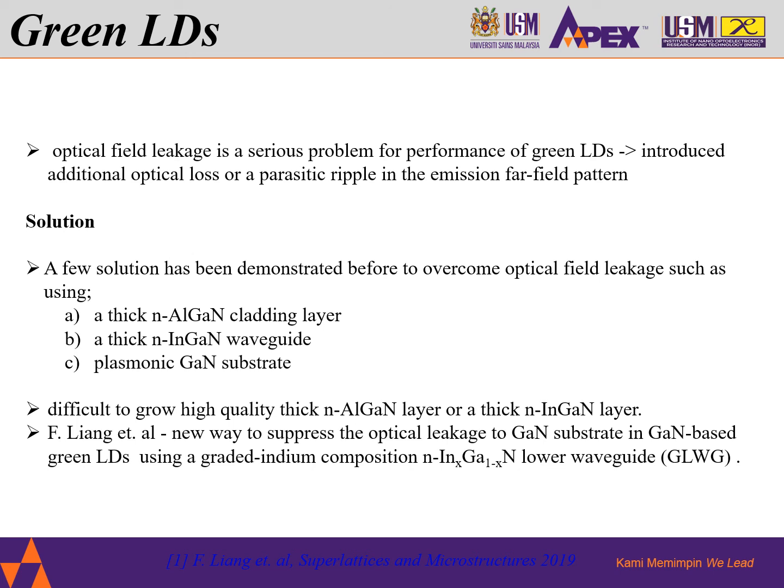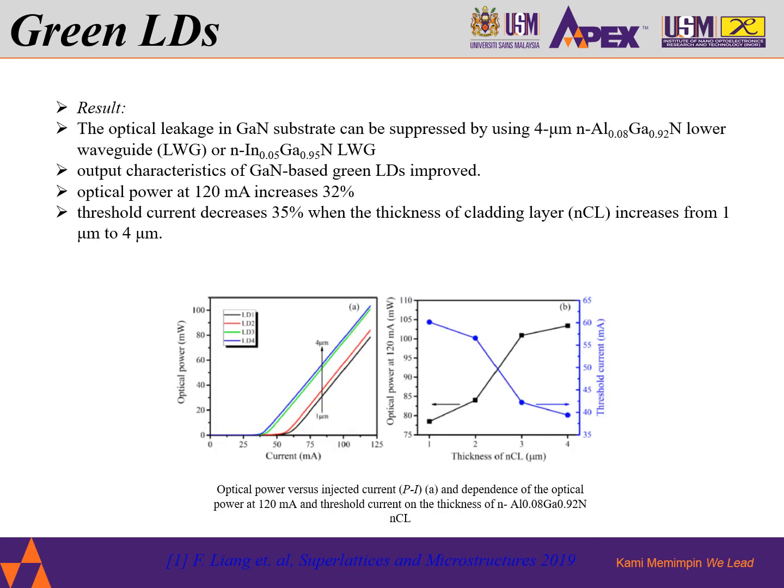Liang and his team developed a new way to suppress the optical leakage to the gallium nitride substrate in GaN-based green LDs using a graded indium composition InGaN lower waveguide (GLWG). This figure shows the optical power versus the injected current curves of LD1 to LD4.